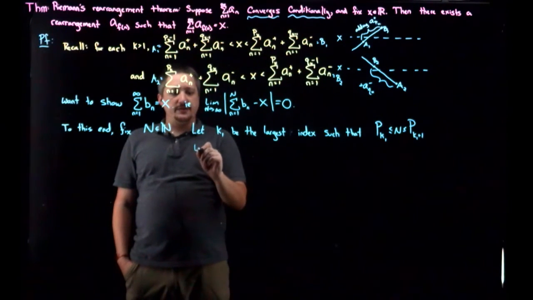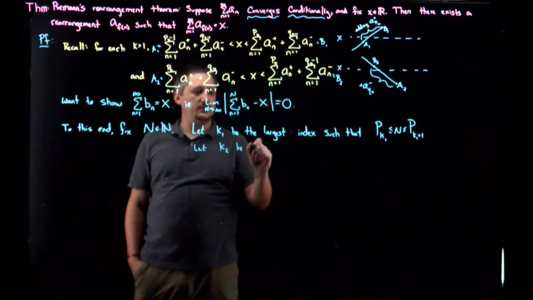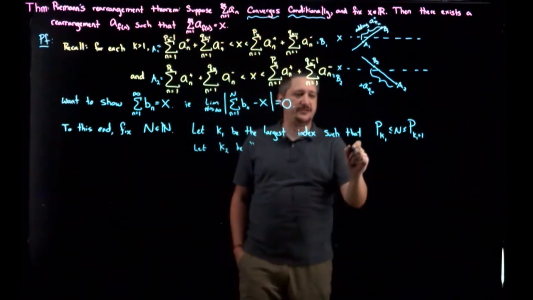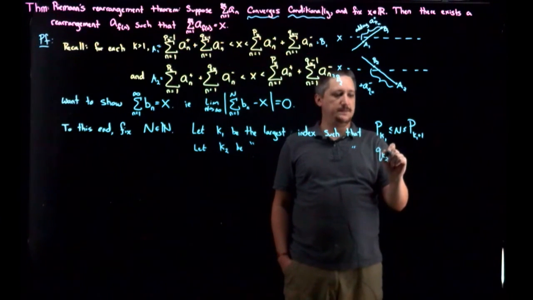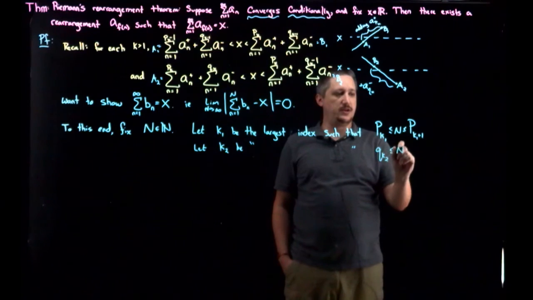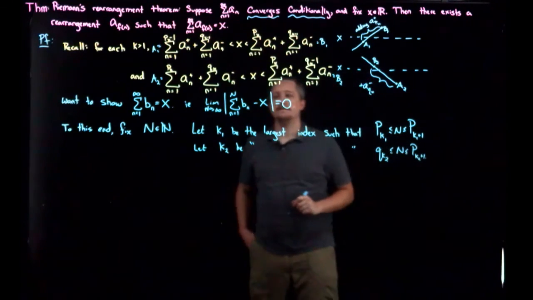I'm also going to let K2 be, again, the largest index such that Q sub K2 is less than or equal to N, less than or equal to P sub K2 plus 1. Okay?